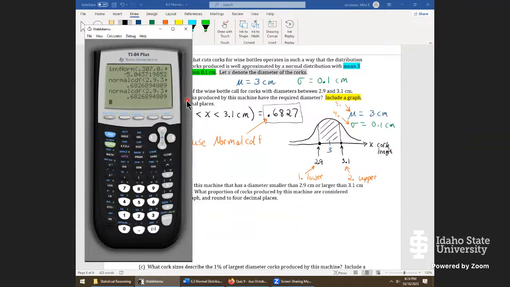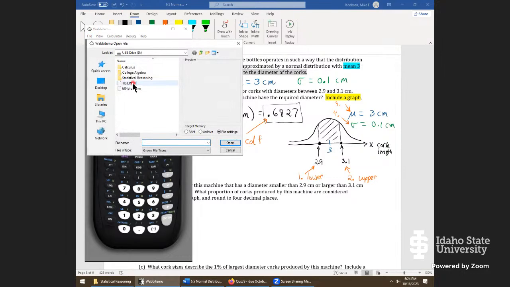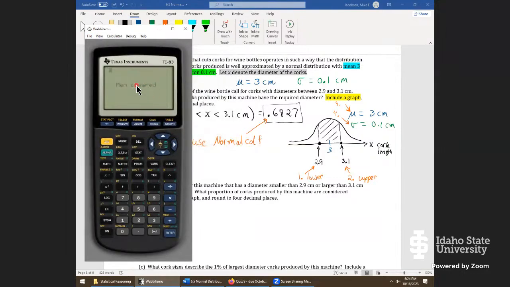And just for the sake of the recording, I think everyone is doing pretty good with these, but if anyone has a slightly more old school calculator and might be watching later on, this is what you would do in that calculator. So here is the good old TI-83. Its screen is blurrier, even though it's emulated. I don't know what that's about, but we'll live with it. And the TI-83 hits second bars. You still go down to option number 2.